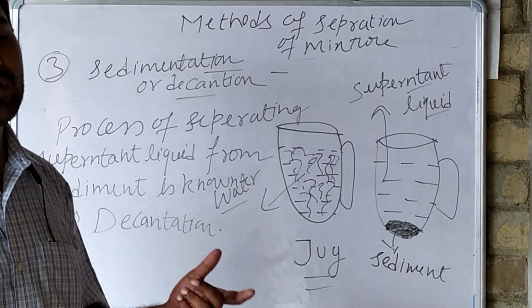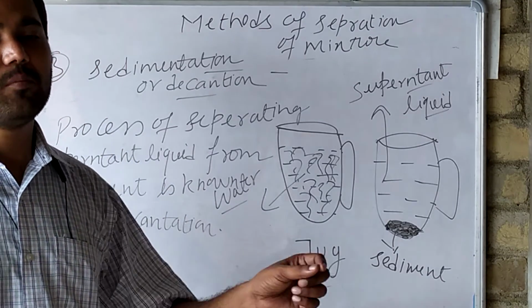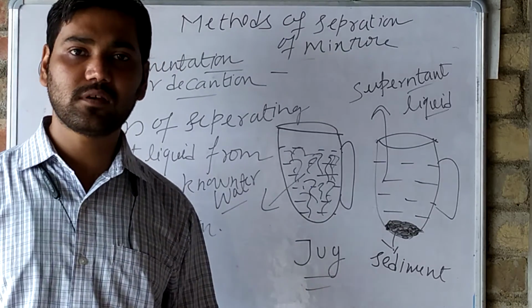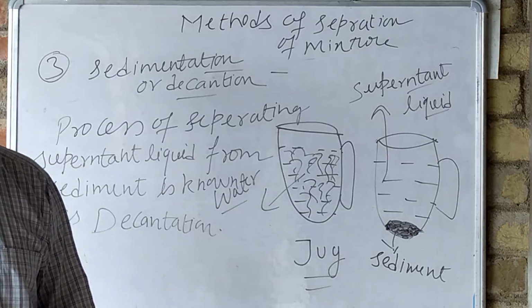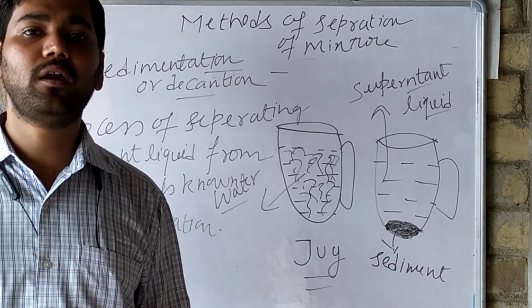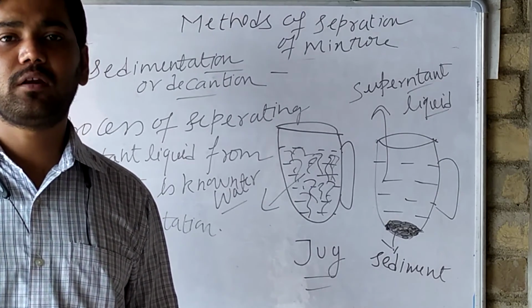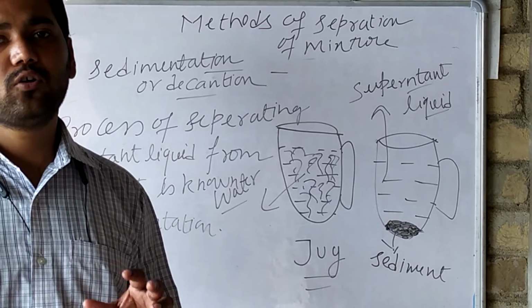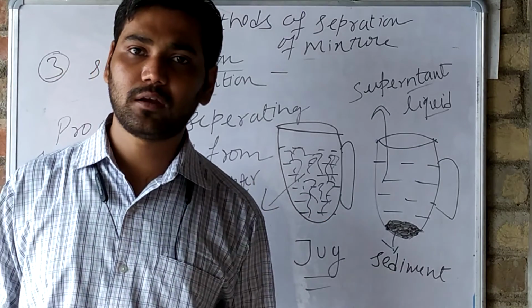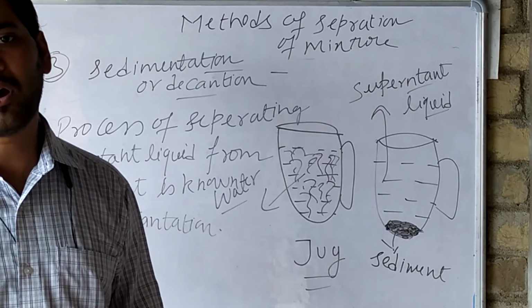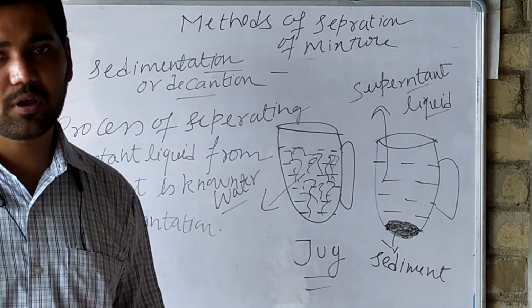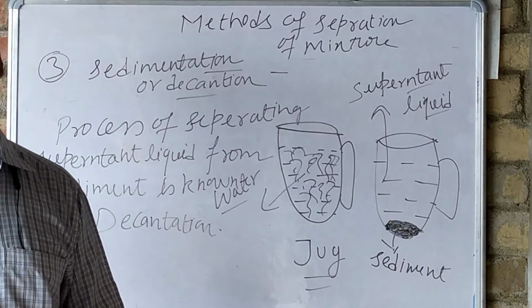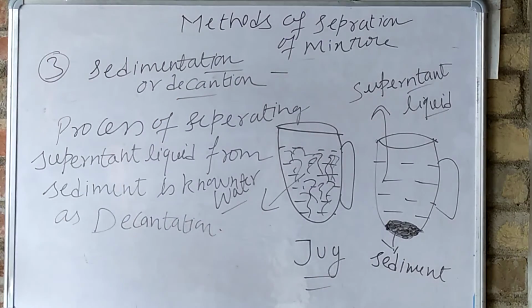We will observe that the tiny particles of iron cling to the bar magnet, that means they get attracted to the bar magnet, because of which we can separate iron particles from the sulfur. So this is also a process of separation known as magnetic separation.